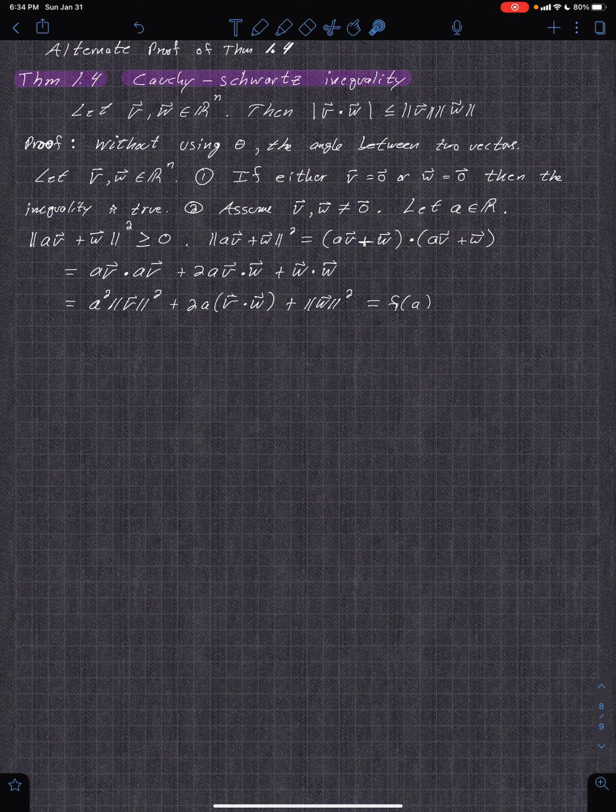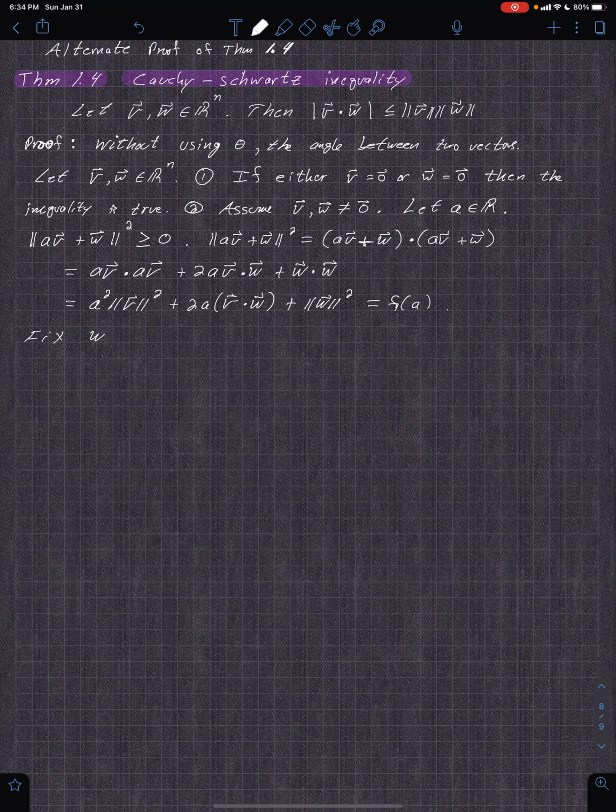So we want to look at this basically as a function of just A, and we're going to fix V and W. So here's A squared and then 2A, and it ends up being a quadratic. So what you do, we hold V and W fixed.